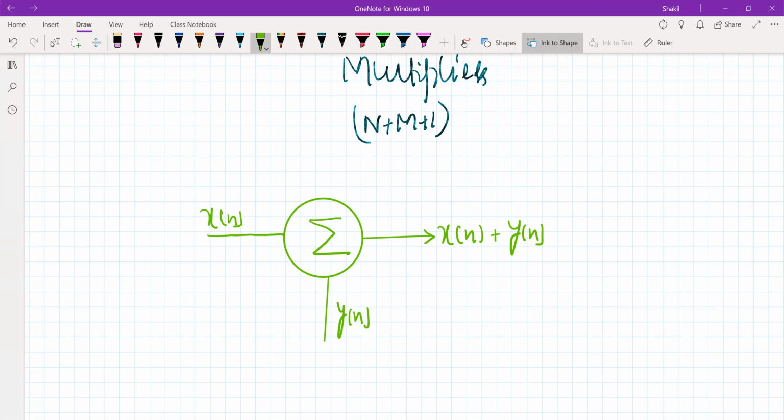In the frequency domain, you can say the input will be X of z and Y of z. The output in the frequency domain will be X of z plus Y of z. Right? This is how we show the outputs in frequency domain.